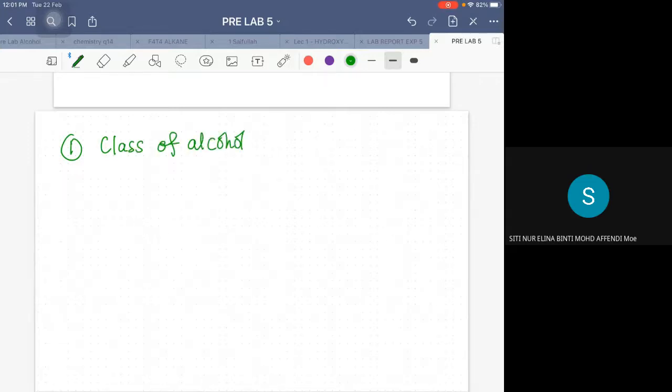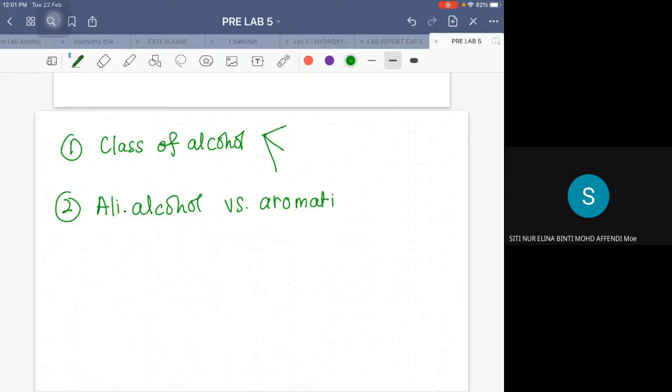Kita belajar class of alcohol ada 3. Number 2, you boleh differentiate bukan saja between of the class, but you can differentiate aliphatic alcohol versus aromatic alcohol. Kan? Okay, macam mana nak bezakan aliphatic alcohol dan aromatic alcohol yang menggunakan bromine water ataupun FeCl3.